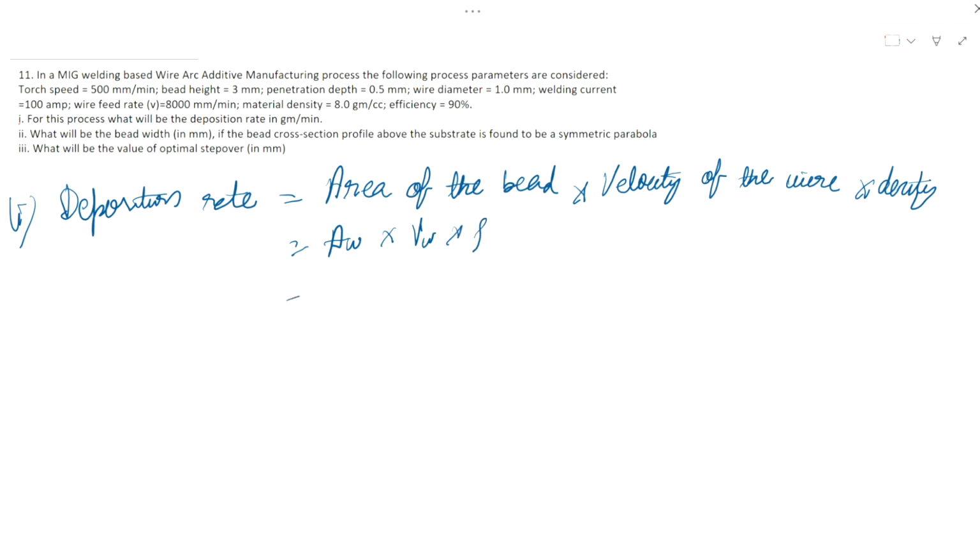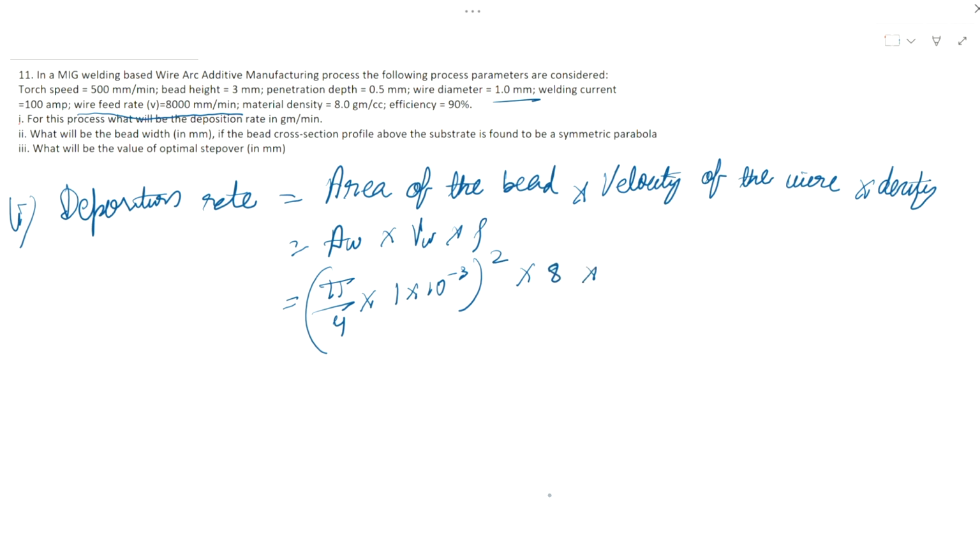Now the area of the bead is equal to pi by 4 into diameter, given wire diameter 1 mm, will convert into meter, 1 into 10 to the power minus 3, squared, into velocity of wire feed rate. It is given 8000 mm per minute, will convert it into meter, it will be 8.